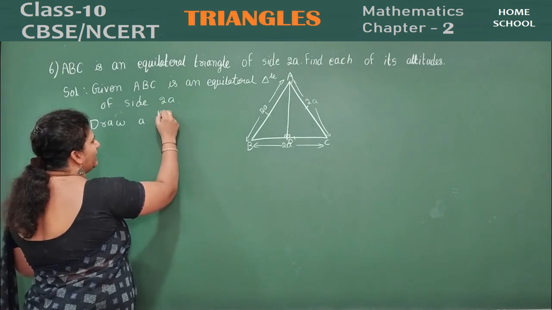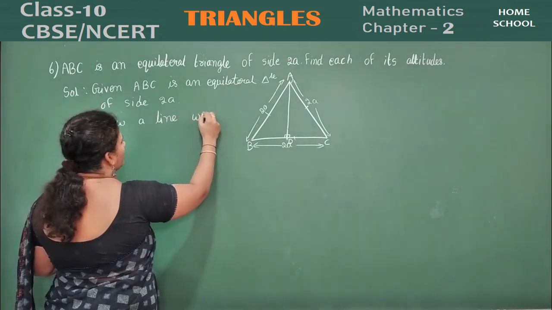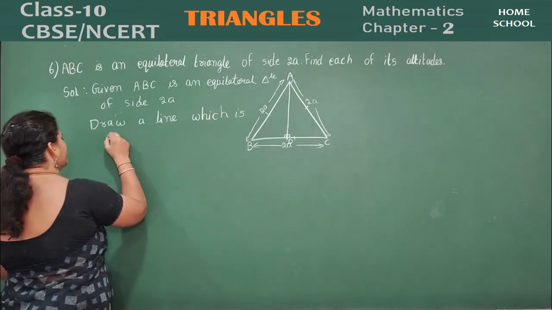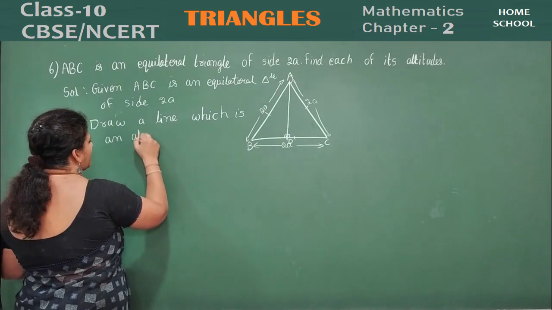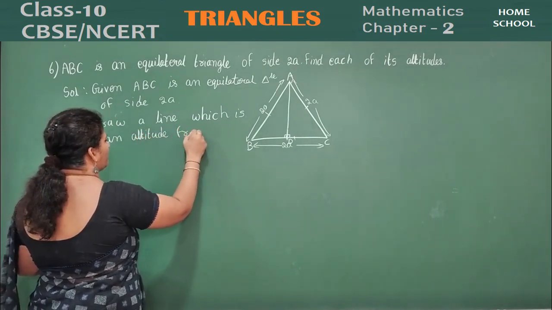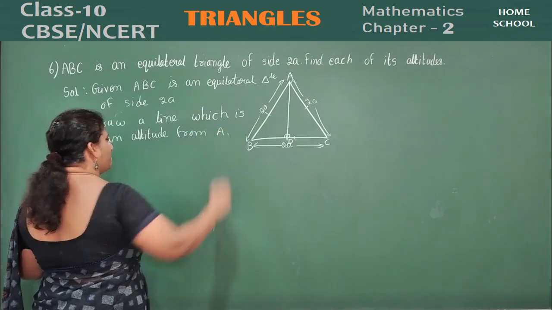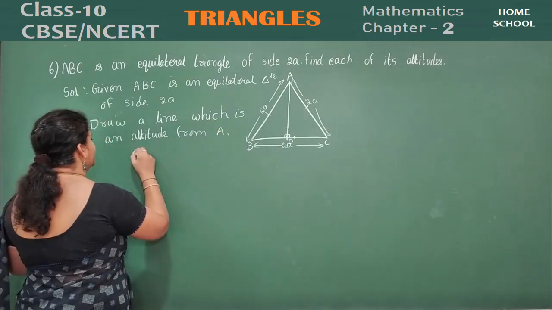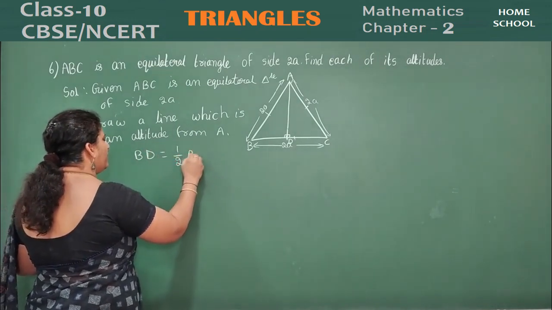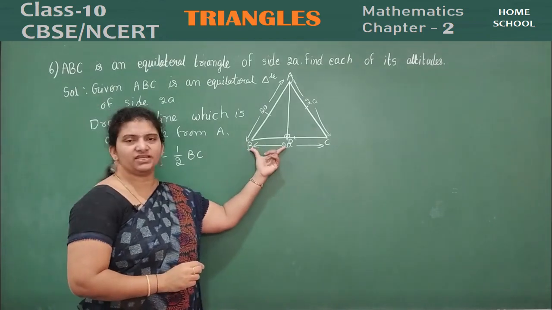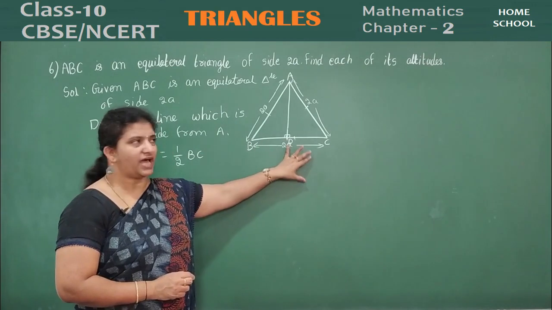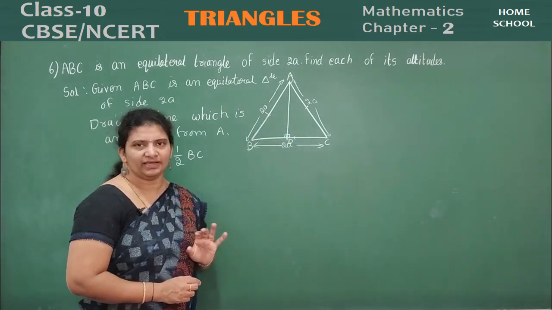Draw a line which is an altitude from A such that BD is equal to half of BC. What is BD, children? Why am I considering BD? In order to prove this, I will take any one right triangle.